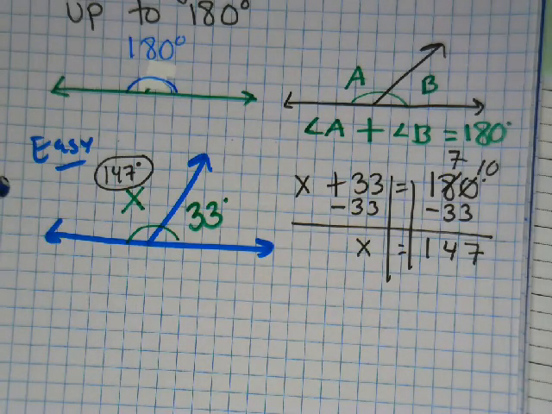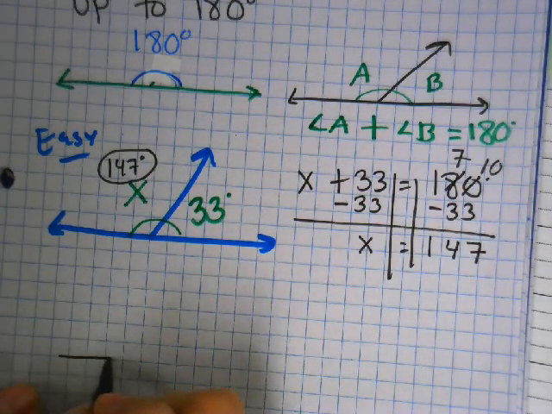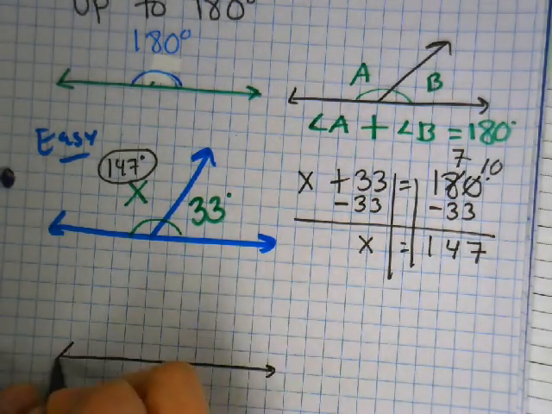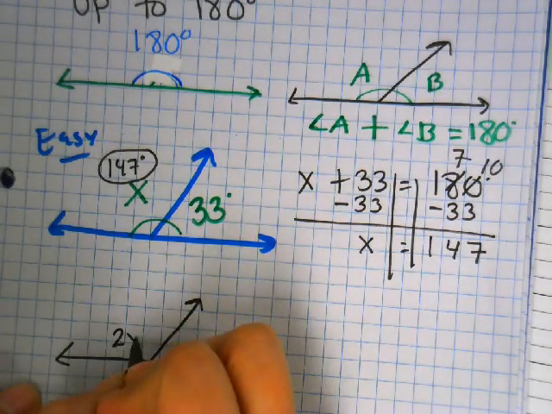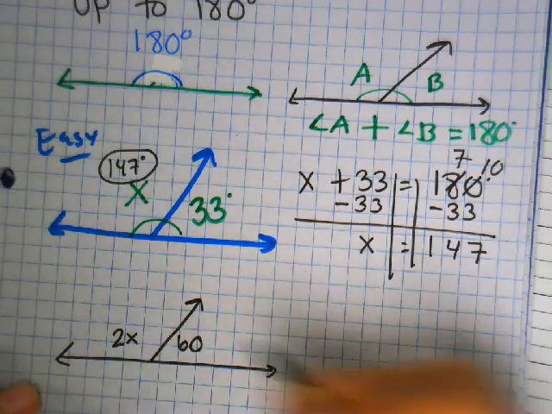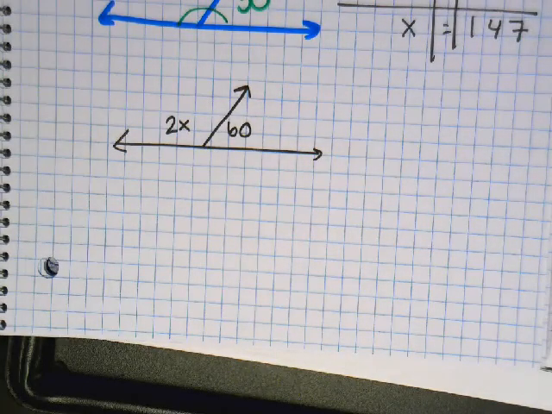That's level 1. That's the easiest part. Okay? Are we okay? Let's try level 1.1. 2x and 60.